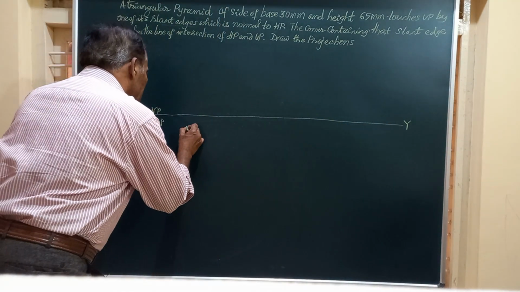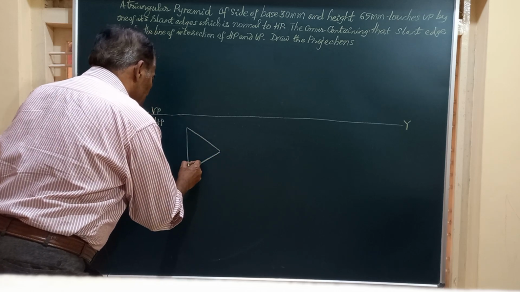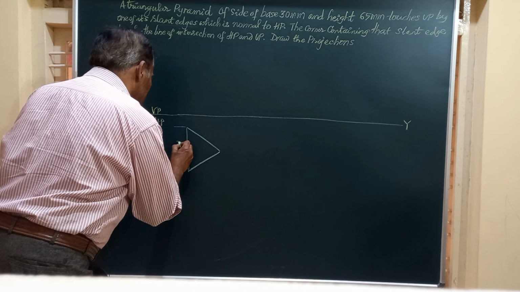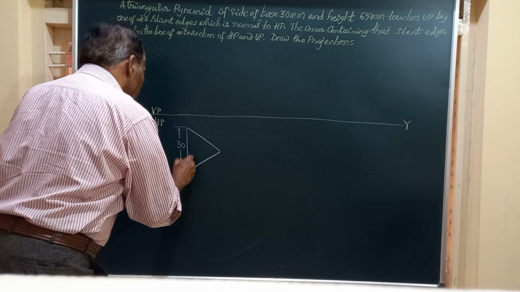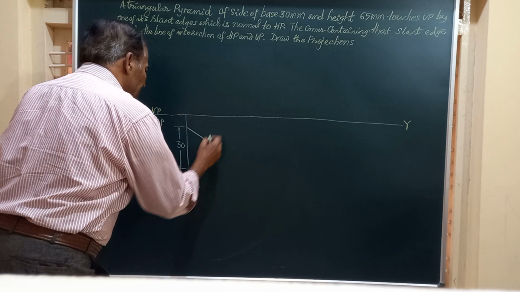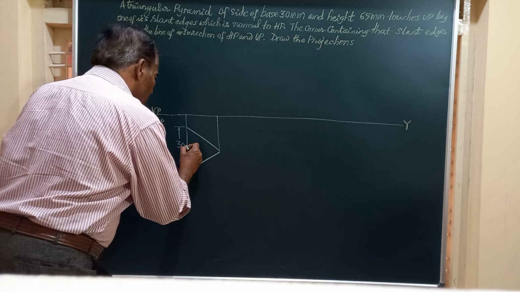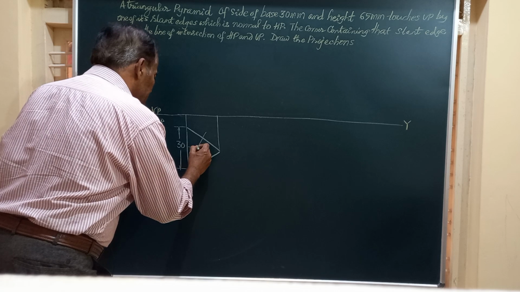So friends, I am going to write down a triangle having side 30 mm that is given in the question. So before that, let me mark this triangle to the given dimension. Locate the center of the base.